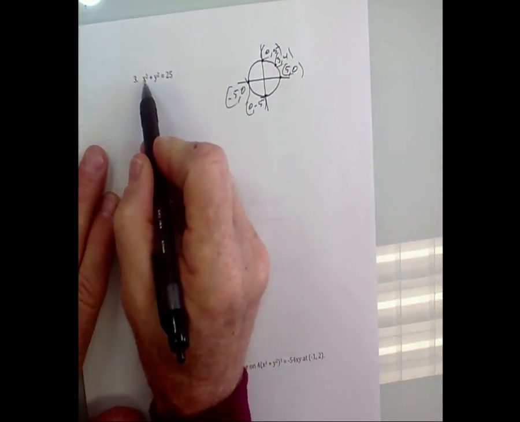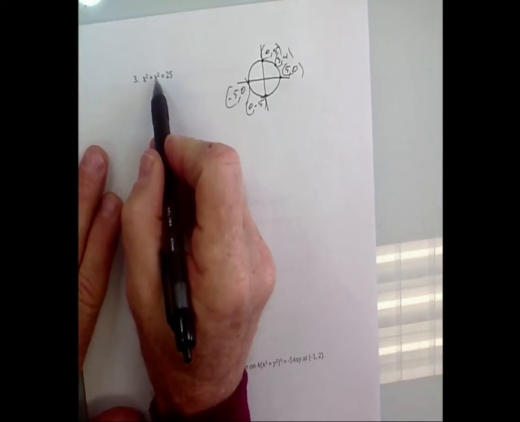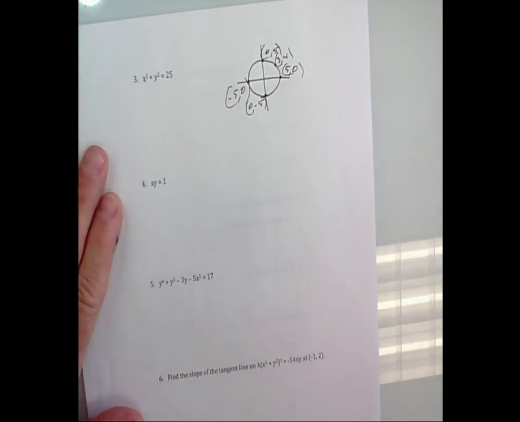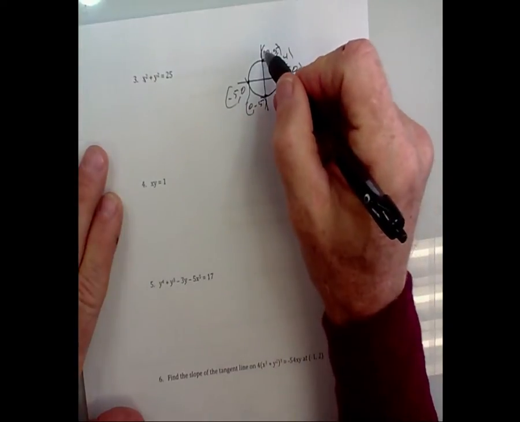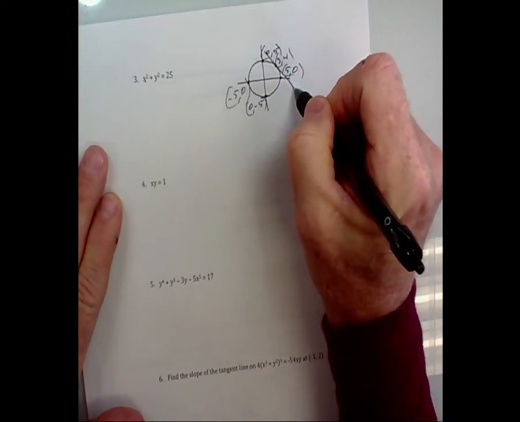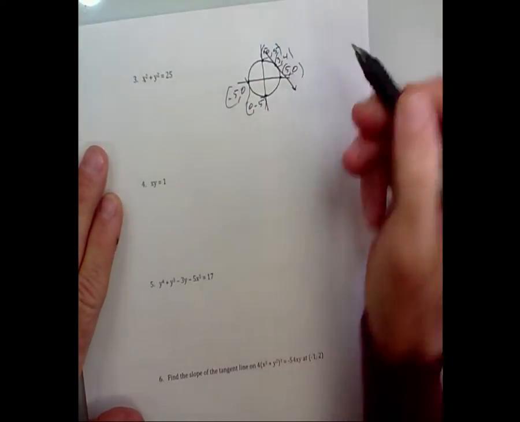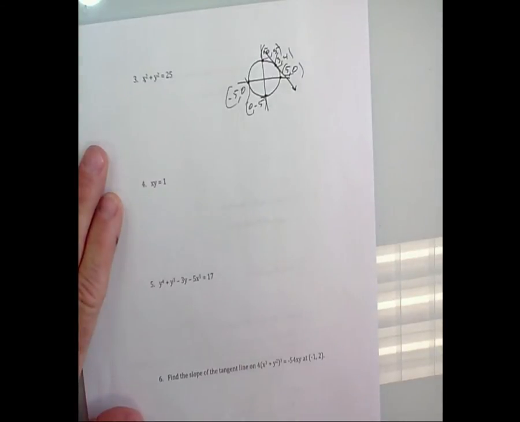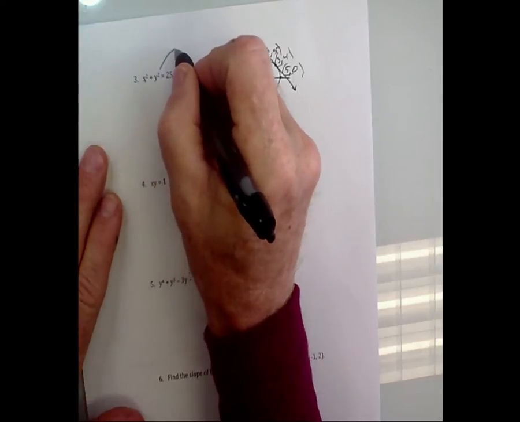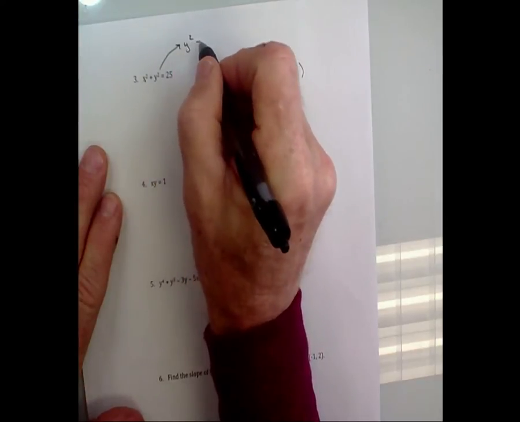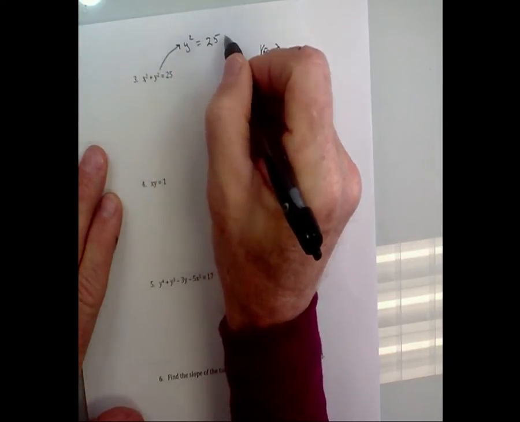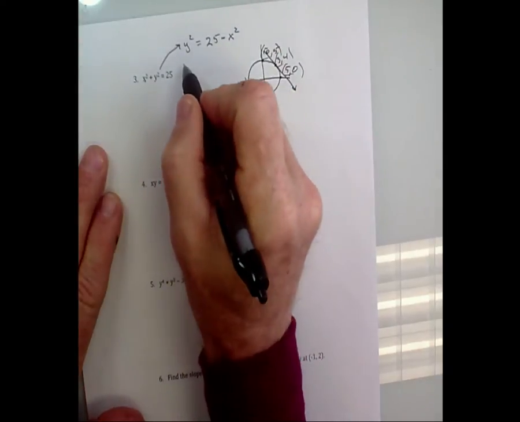3 squared is 9, 4 squared is 16, 9 plus 16 is 25. And so I have a tangent line that goes through there. What do I know about it? That it's negative. If I were to have you do it the old way, you would have to say that y squared equals 25 minus x squared.